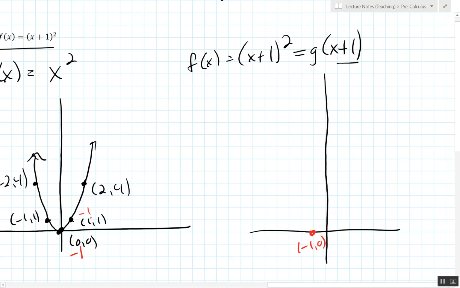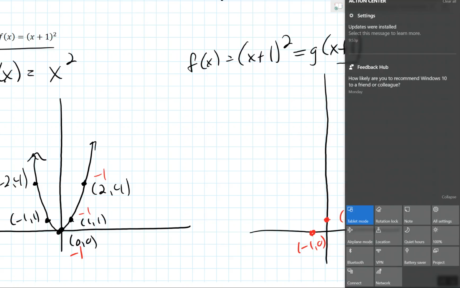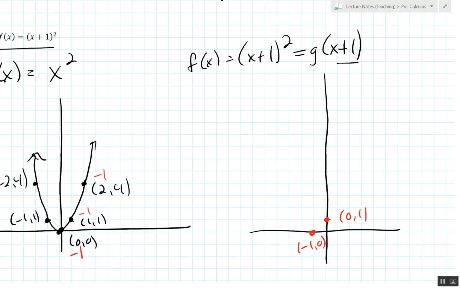If we subtract 1 here, we'll be at 0, 1. If we subtract 1 here, we'll be at 1, 4. There you go. 1, 4. On this side, if we subtract 1, we'll go to negative 2.